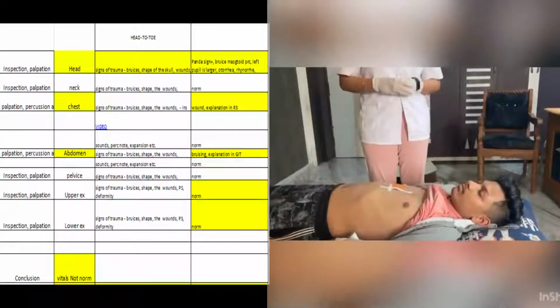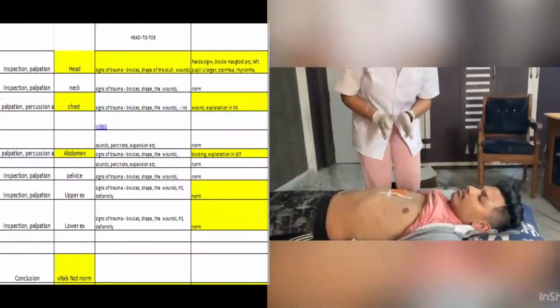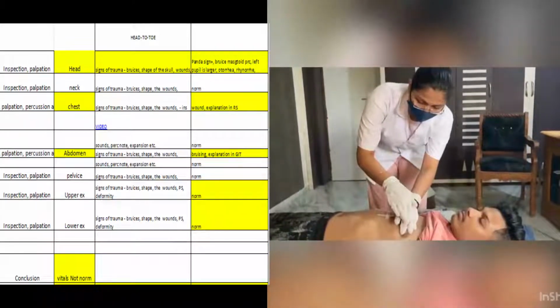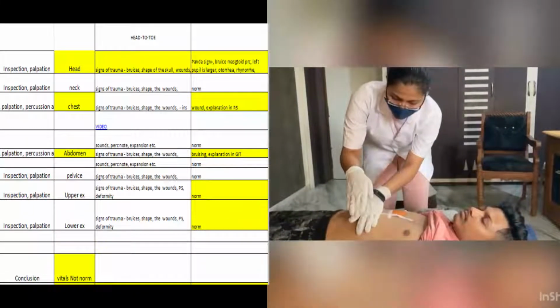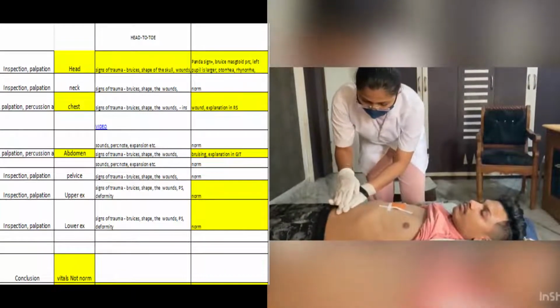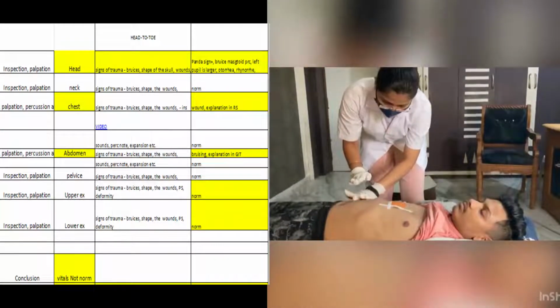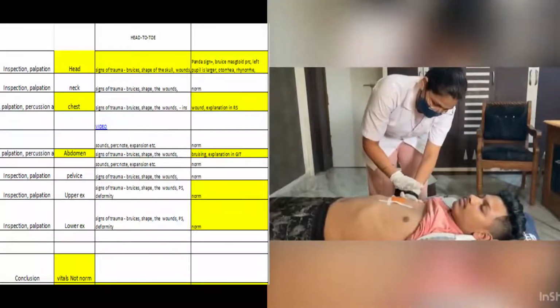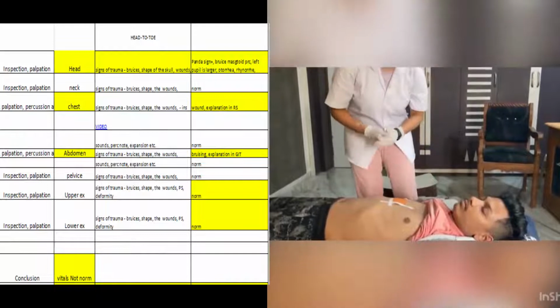There is no signs of trauma. Now I am percussing the chest. The percussion is also normal.